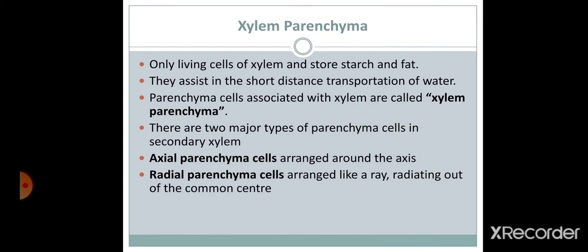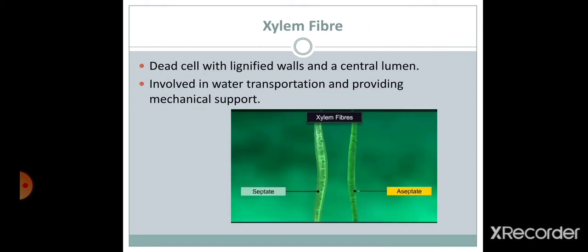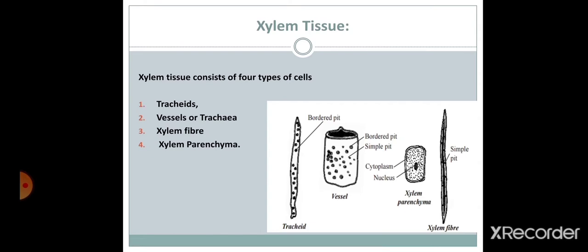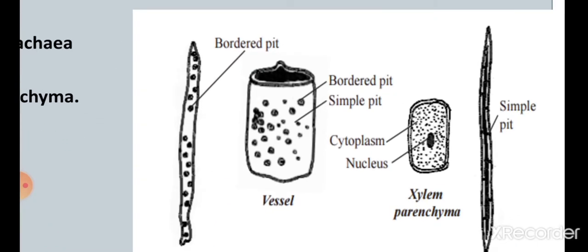Coming to the structure of the xylem parenchyma, the cells are more or less cylindrical and placed end to end. You will see the structure of xylem parenchyma here. The cells may be thin walled or thick walled with simple pits.